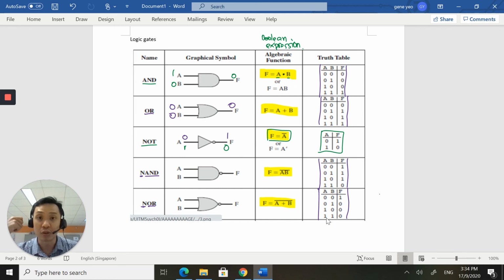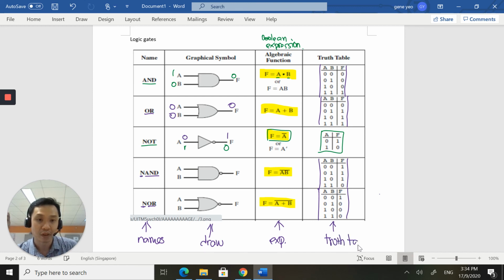So summary: you need to know how to draw these gates, you need to remember the names, you need to know the Boolean expression, and you need to remember by heart the truth table.